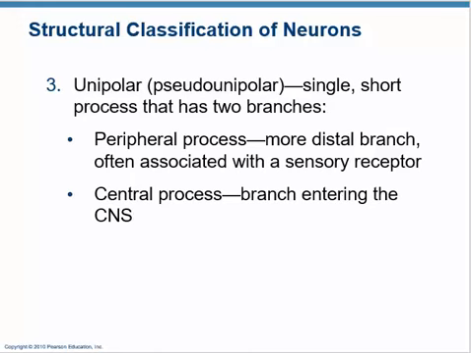So it tends to be the shorter bit. So the receptors, the dendrites, go onto the peripheral process, which is really an axon that goes all the way to the cell body and then terminates in the central nervous system by the central process.